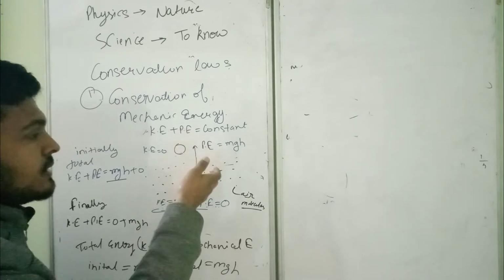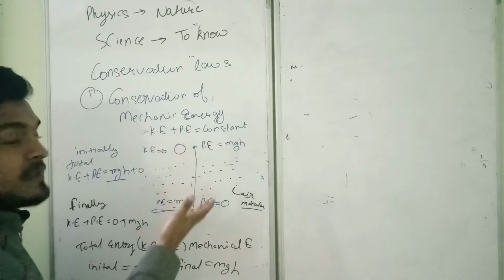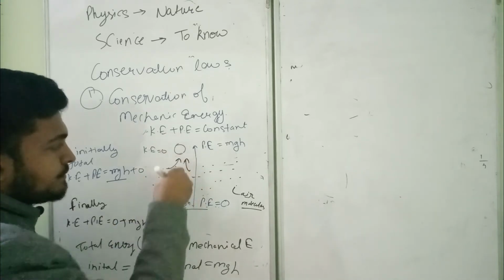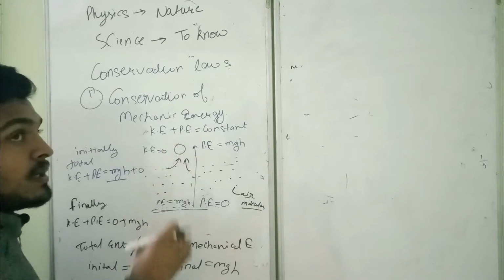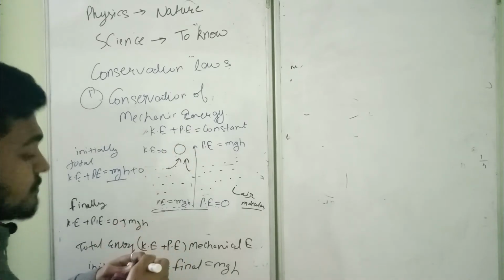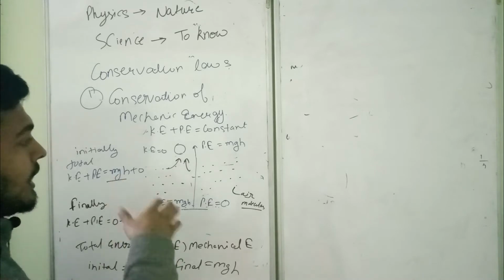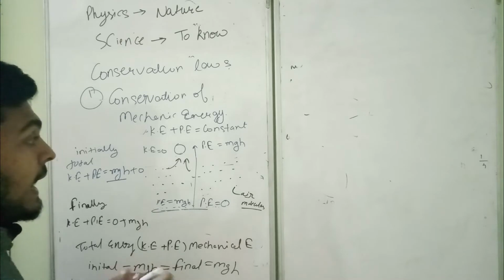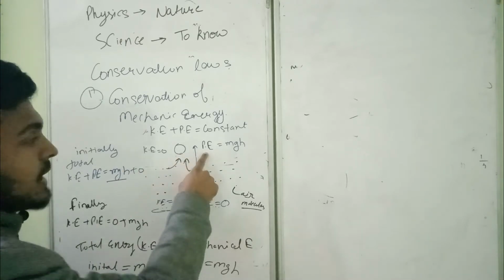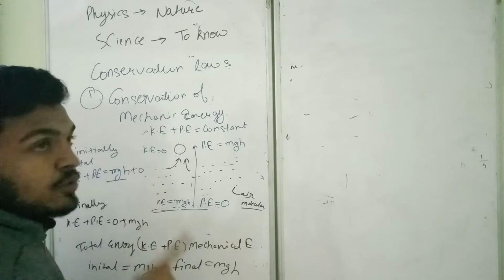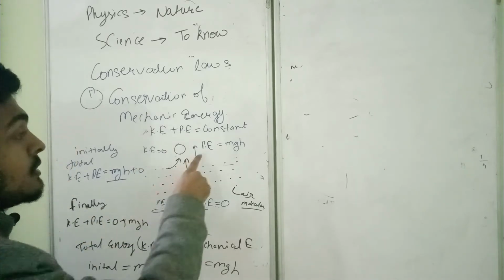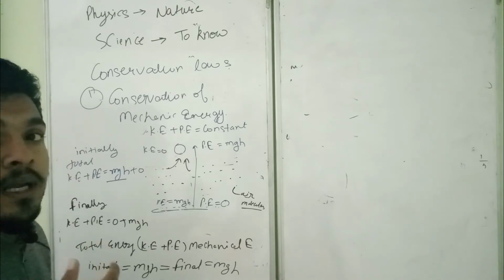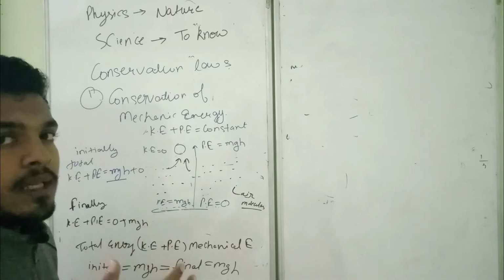So the air molecules, when the ball is coming down, try to exert an upward thrust on this ball, and this ball pushes through the air, and there is a kind of friction between air and this ball, and therefore the whole potential energy is not converted into kinetic energy, but is lost during this process of friction in the form of heat energy or sound energy.